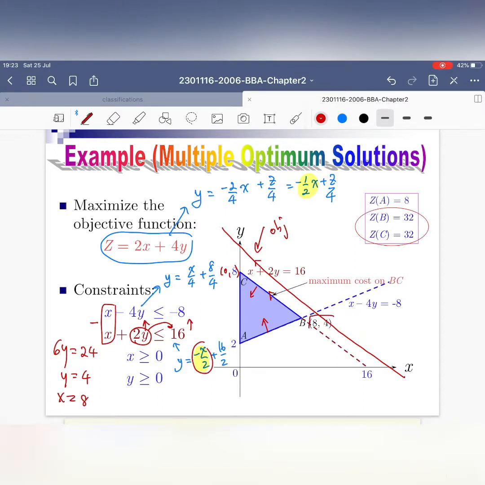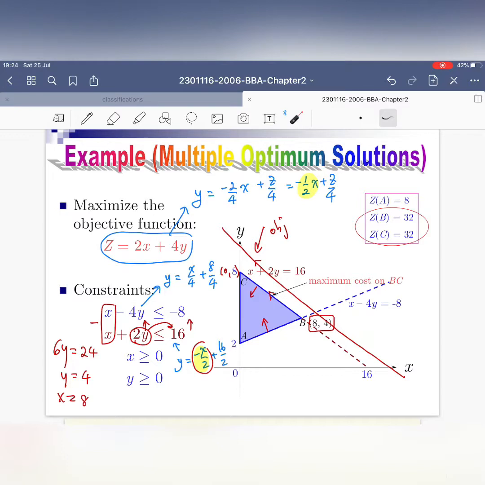So here's the 8 and 4 as your intersection. You plug in x as 8, so you have 16, and another 16, so you have 32 as well. So you got two points on the same line with the same value, so along this segment, it will also give you the same value.